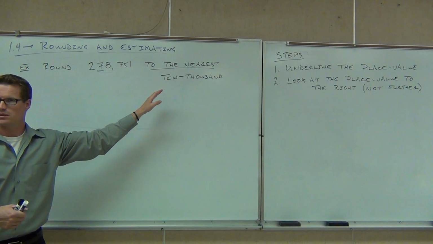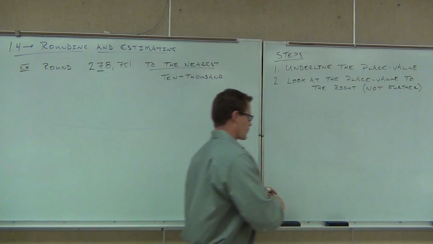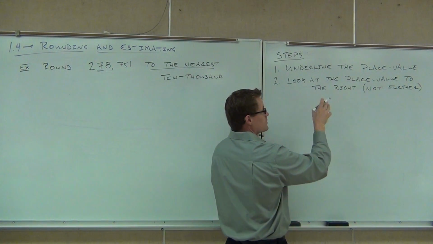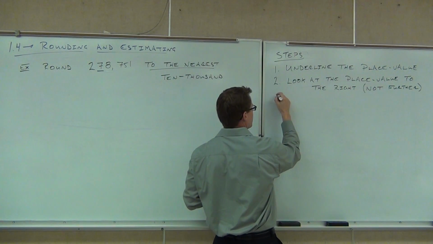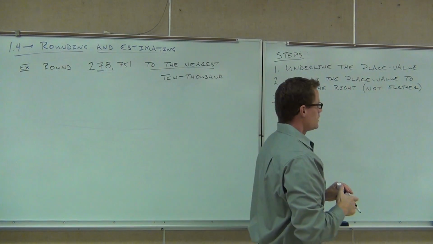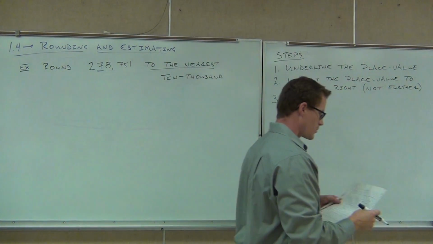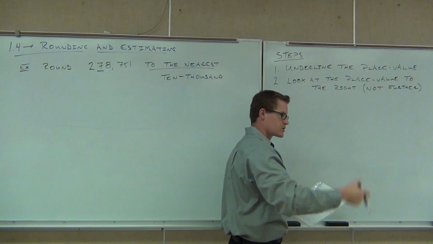You still okay? So let me write that all out for you and then we'll do it. So we're underlining the place value. We're looking at the place value just to the right of that. If the digit to the right is 5 or more, we raise our place value by 1.